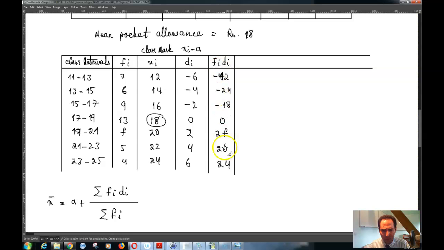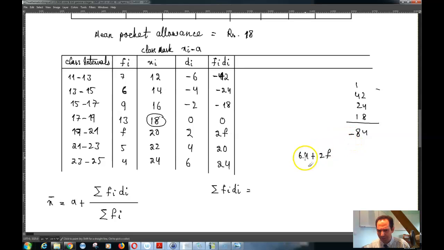So now sigma f of i d of i is going to be equal to basically 64 plus 2f, and over here you have negative 42, 24, 18, which is negative 84.